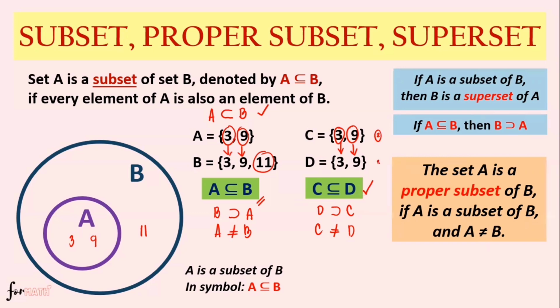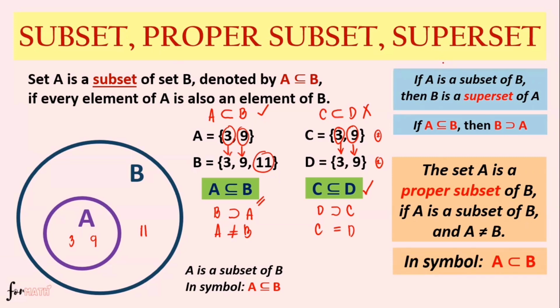Ito namang D is 2. Ibig sabihin, C and D ay equal set. Therefore, di natin pwedeng sabihin na ang C is the proper subset of D. Okay? This is wrong, kasi po ang C natin ay equal set to D. So that is the difference between the subset, proper subset, and the superset.